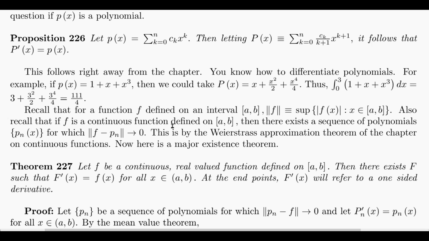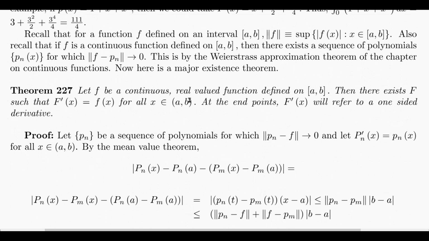Also remember that if you have a continuous function defined on a closed interval, then there exists a sequence of polynomials for which the norm of f minus p sub n converges to 0. That's the approximation theorem of Weierstrass.